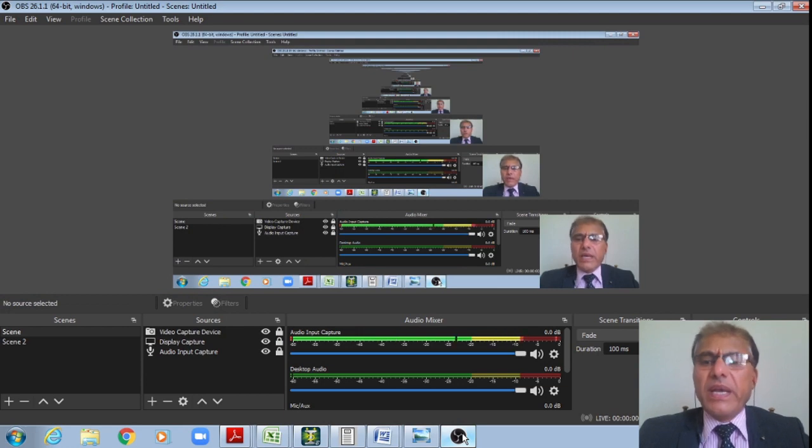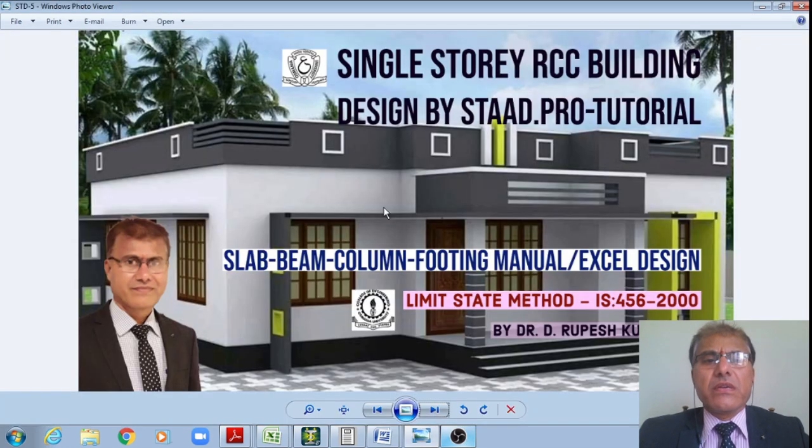This ground floor building is having no plinth beams, and the walls are directly supported on the CRS masonry. That is how the data is given.